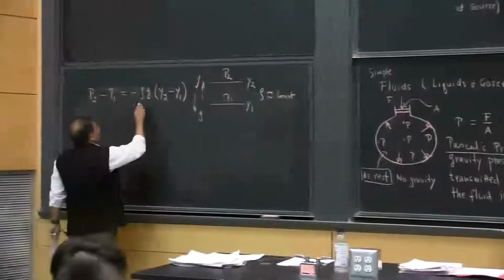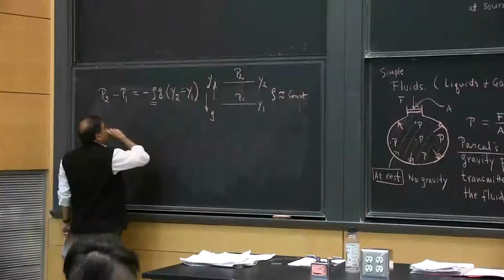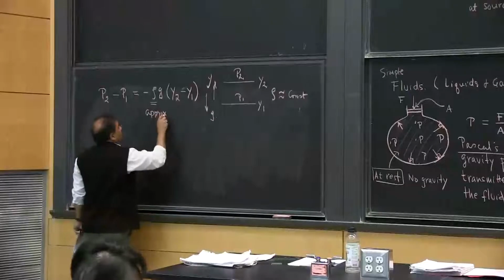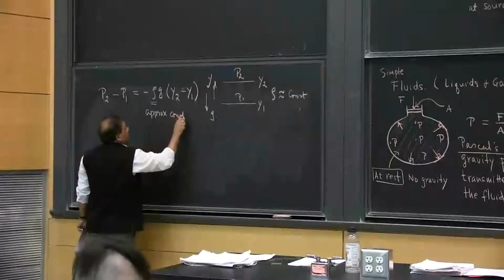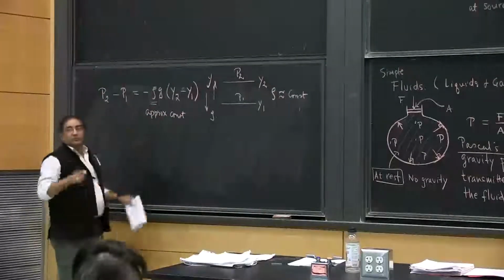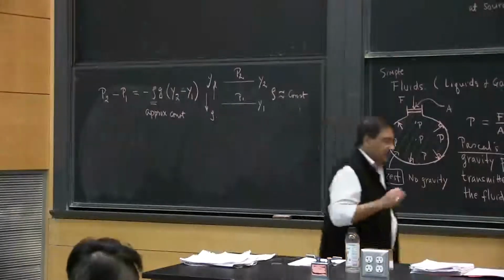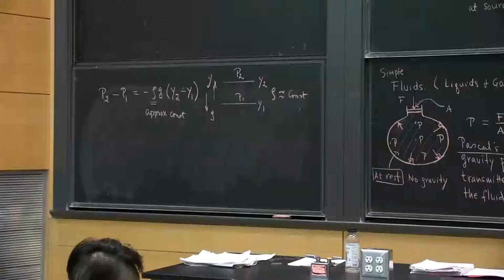Here, on the other hand, at the simplest level, we have kept the density approximately constant. So that restricts you to considering y2 minus y1, which is small, right? Because air density we know changes.